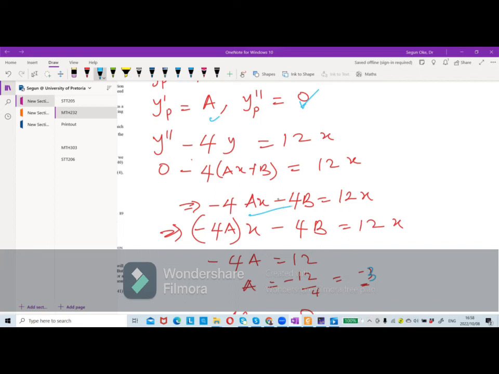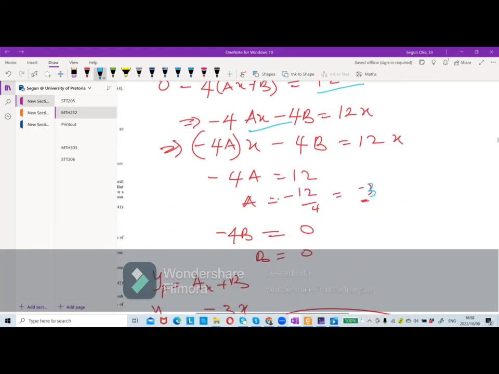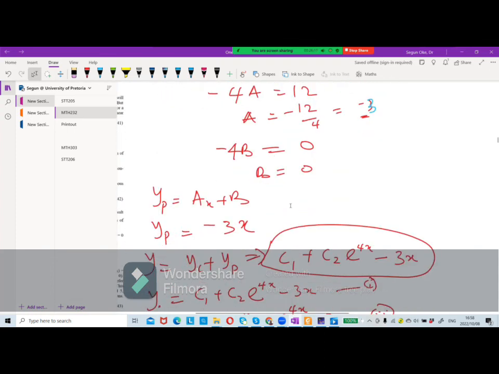And at the end of the day, we know our x, the other side we can say that is 12x. So which means 12 is equal to -4a. So at the end of the day, we have a to be -3. If a is -3, it's okay.